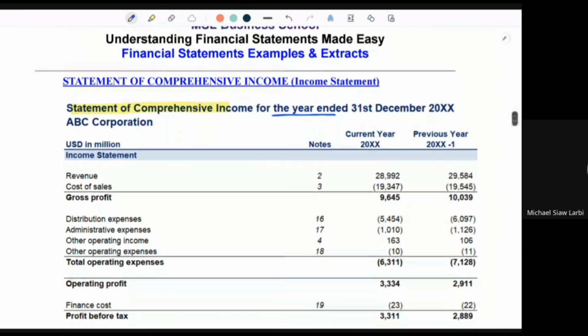So this is the title, comprehensive income. What is the period? Year ended December 20, whatever. I told you they'll always give you at least 2 years. You might see some financials with a third year. Typically, when the third year comes in, there's something called a restatement. Accounting has something called IAS 8, above your level.